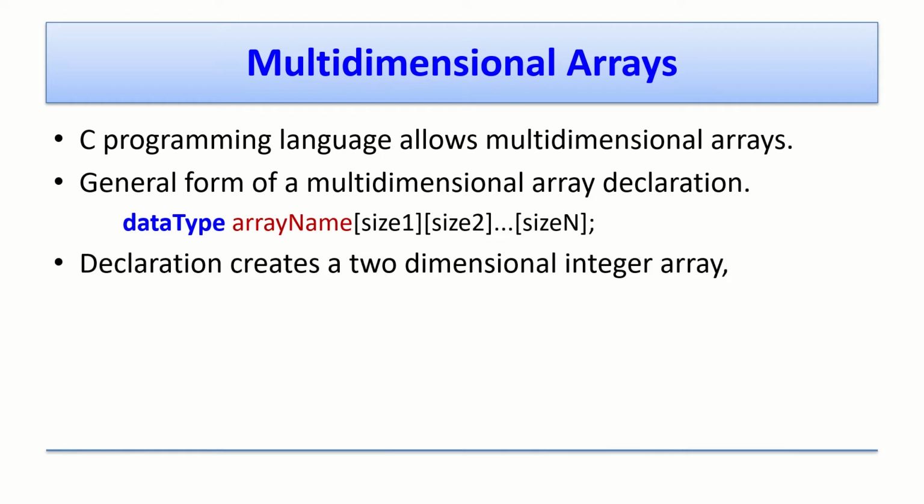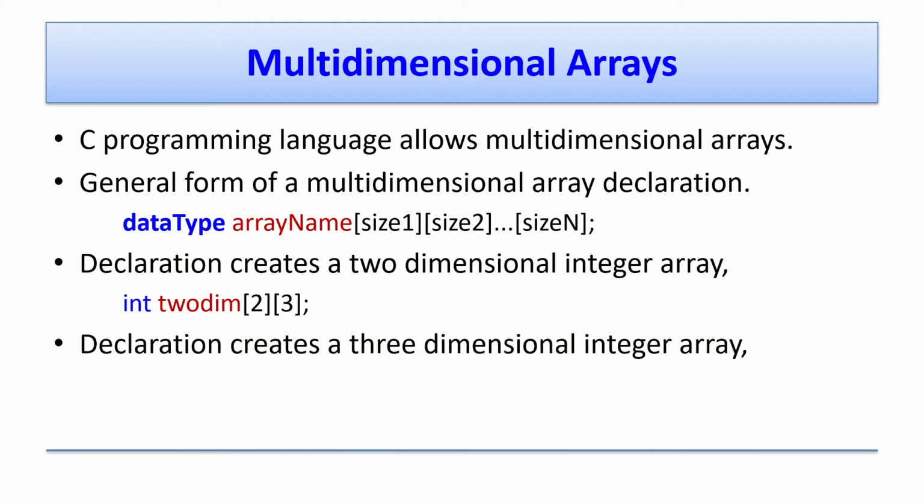This is an example of declaring a two-dimensional integer array: int, then the name of the array, and then the sizes of the x and y dimensions, for example 2 and 3. This is an example of declaring a three-dimensional integer array: int is the data type, 3dim is the array name, and then the dimensions.